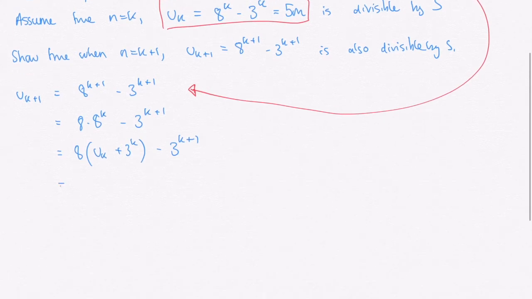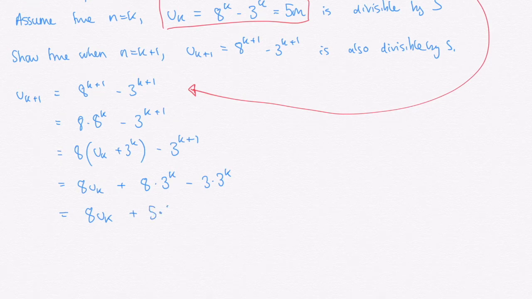If we expand that out, we get 8 lots of uk plus 8 lots of 3 to the k minus, well, 3 to the k plus 1 is 3 lots of 3 to the k. So we have 8 lots of uk, plus 8 lots of 3 to the k, subtract 3 lots of 3 to the k, which is 5 lots of 3 to the k.